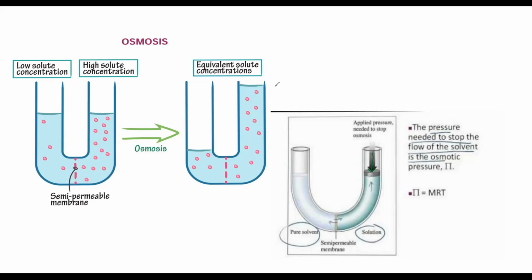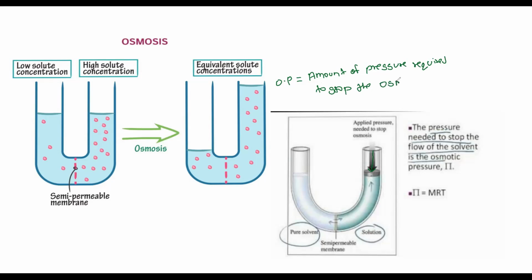So that is why it is said that osmotic pressure, which is written as OP, is equivalent to the amount of pressure, mostly the external pressure, required to stop the osmosis.